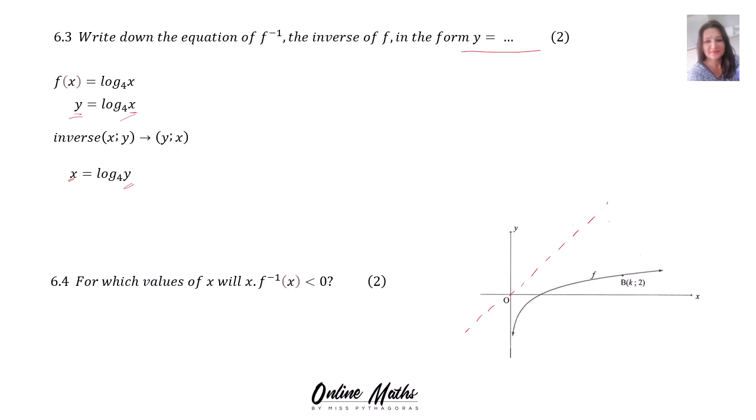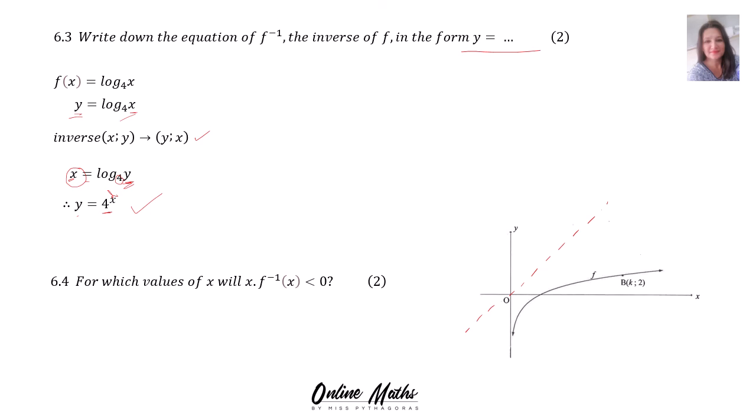So again, what do you do? The base of the log is the base of the exponent. This number on its own will become the exponent, and the y over there will become the subject of the formula. So where are your marks? The one answer there, and your other mark is for swapping x and y coordinates.